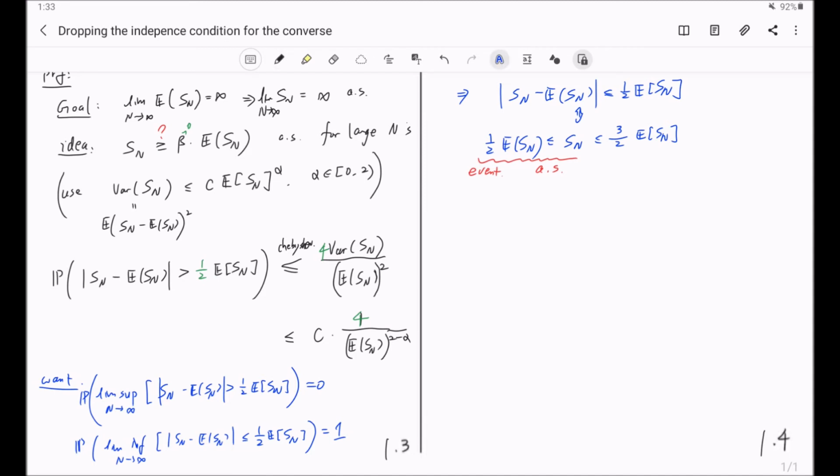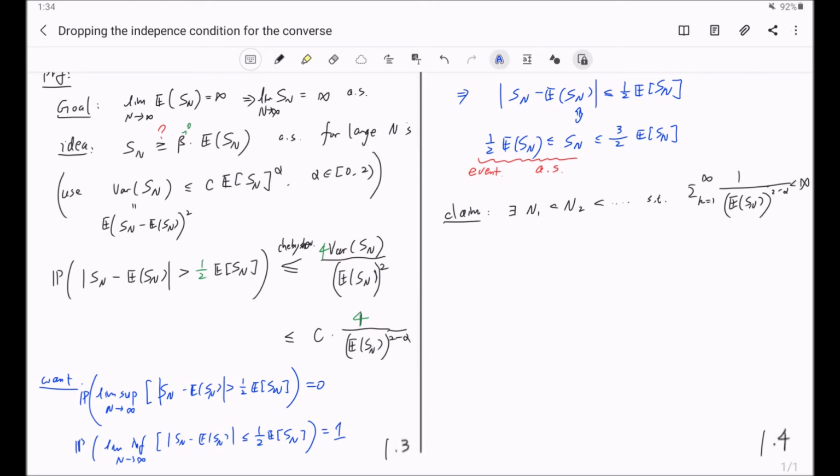So now let's go back to the formal proof. And now let's look at the right hand side. We claim there exists a subsequence n1 less than n2 all the way to infinity, such that the summation of 1 over e of S_n raised to power 2 minus alpha is finite.